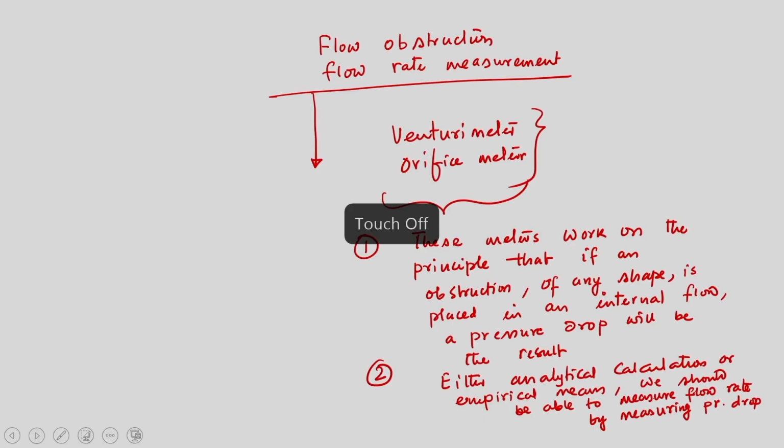So, this is the outline, rather the principle of using flow obstruction flow rate measurement instruments. We can start our discussion.